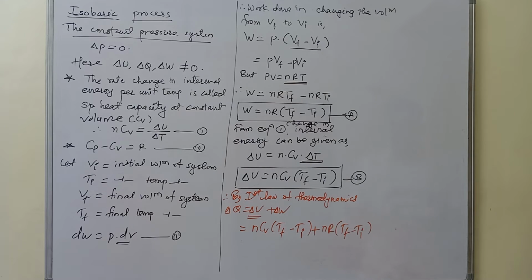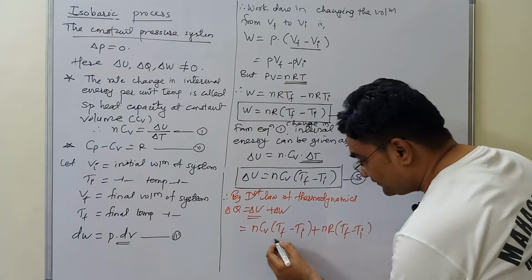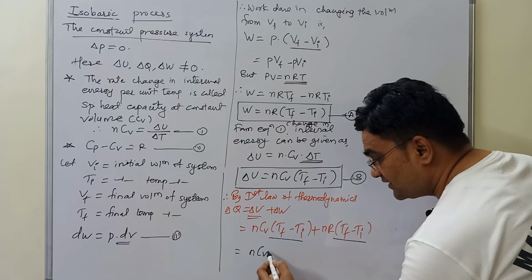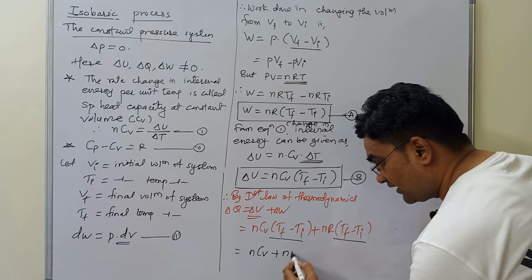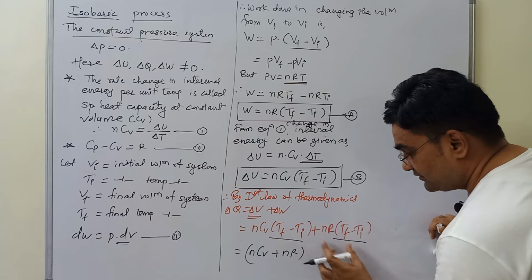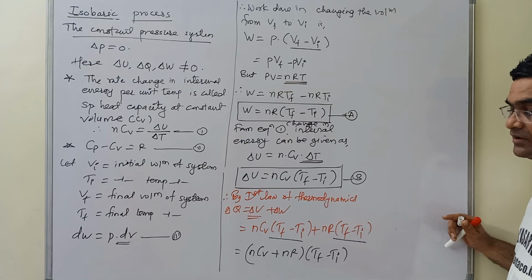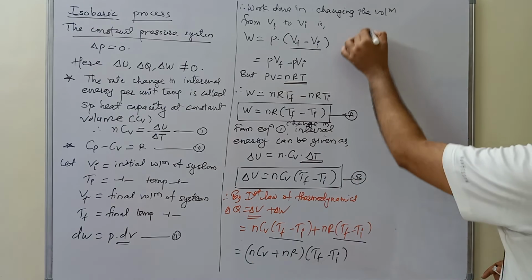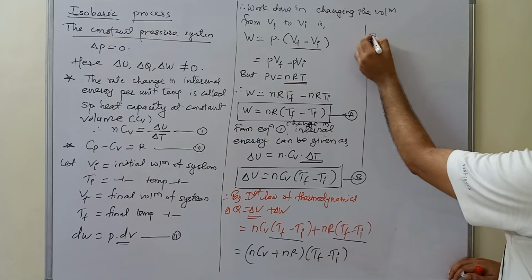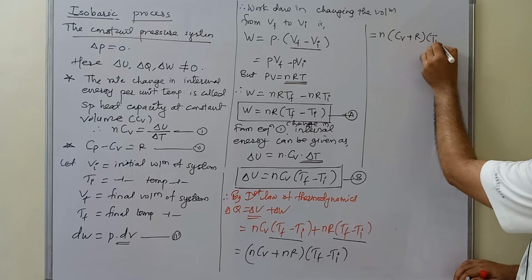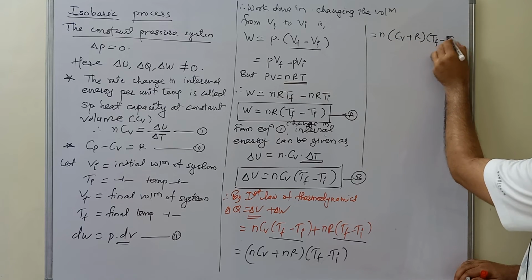Tf minus Ti is common, and taking n common, we get n times Cv plus R into Tf minus Ti.